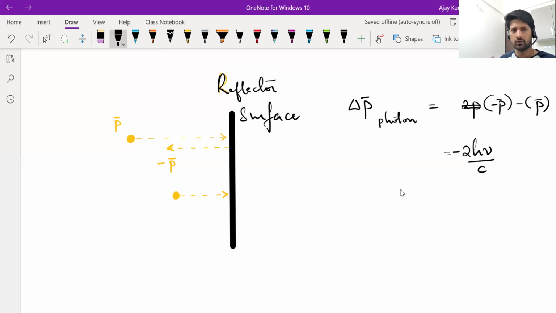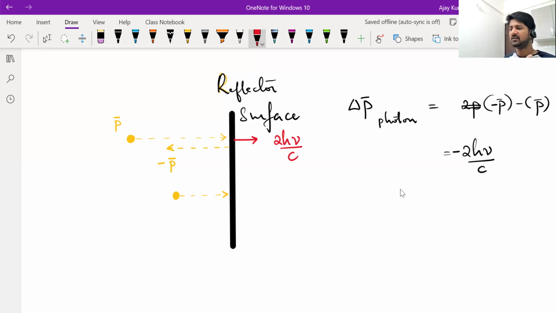Photons follow the law of conservation of linear momentum and conservation of energy. So when the photon's momentum changes by minus 2 h nu by c, it means a momentum of plus 2 h nu by c is imparted to the surface. When it is a perfect absorber, the momentum imparted to the surface is only h nu by c per photon.